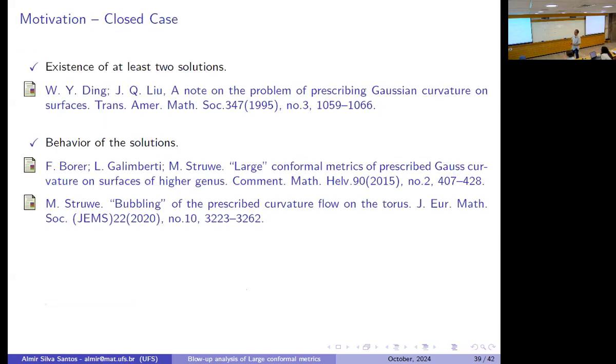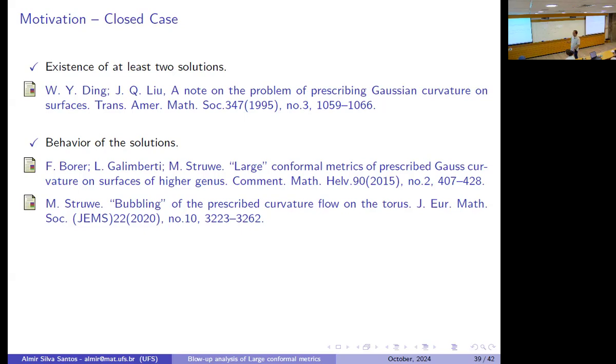Okay. The paper that we consider our motivation, we extended the result by Borer, Galimberti, and Struwe. They did this for the closed case. In fact, the existence of multiple solutions, when you consider a perturbation of the function, was already known from the work of Ding and Liu, but the technique that they used does not allow them to prove what's happening when the parameter goes to 0.